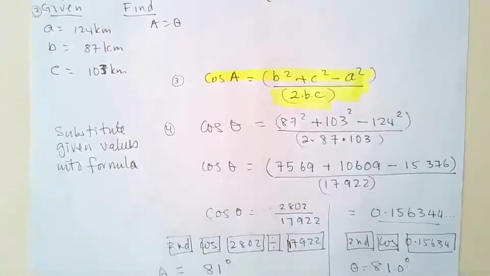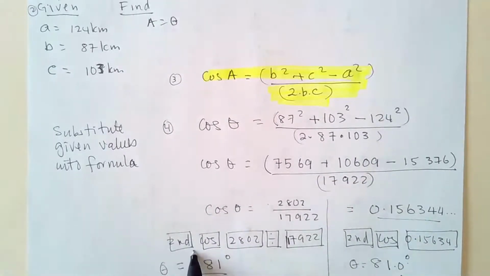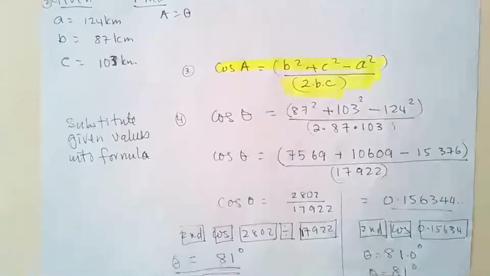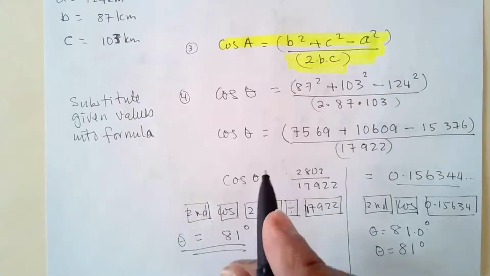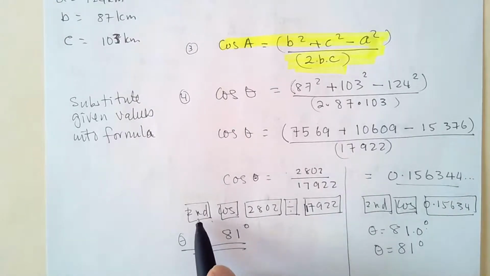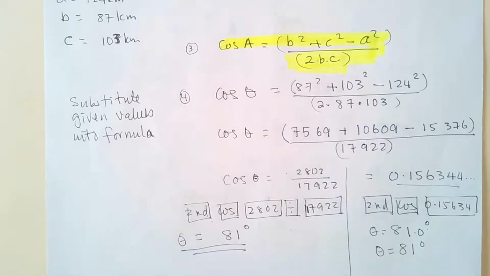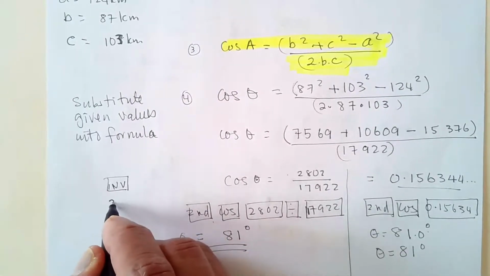Once we simplify, we use our calculator, and make sure your calculator is in degree mode. Because we are finding the angle, we have to use our second button or our inverse button. In some calculators, you'll see INV. It's the same as your second button.